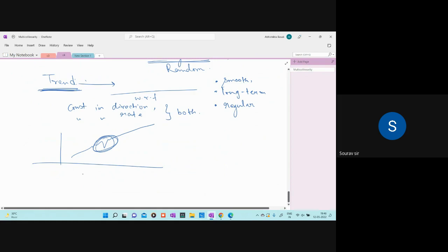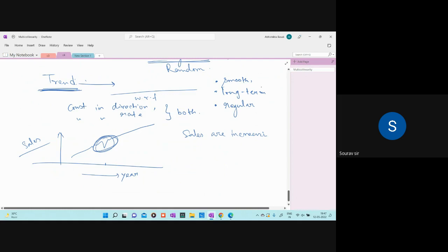Suppose this is my year data and this is my sales data. Over the years, overall the sales are increasing. In one year, the sales dropped, maybe due to some reason, whatever the reason, that is a different concern.